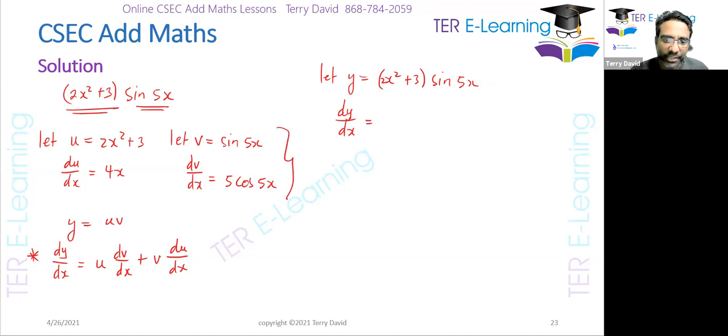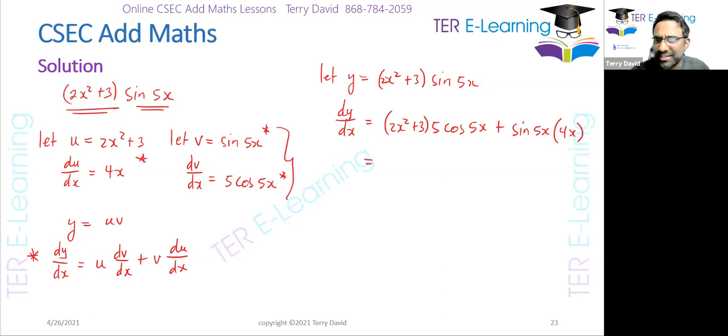So I'm going to say u dv dx. That's going to be 2x squared plus 3 multiplied by dv dx, which is 5 cos 5x, plus v du dx. v is sine 5x, and you're multiplying that by du dx, which is 4x.